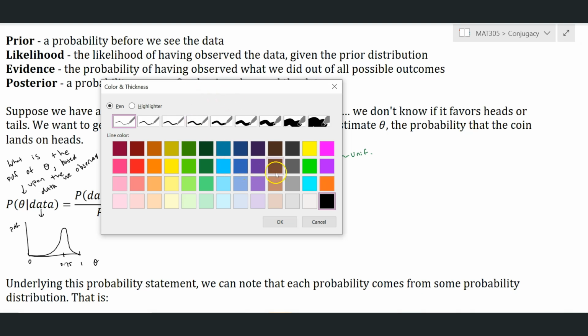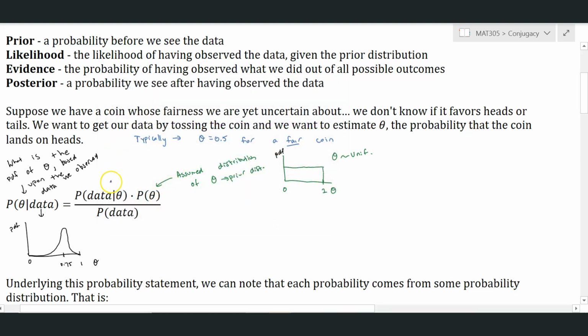So what does the likelihood mean in this context? There's the likelihood. Well, this is asking, based on the assumed theta distribution, how likely is it that our data would have occurred?